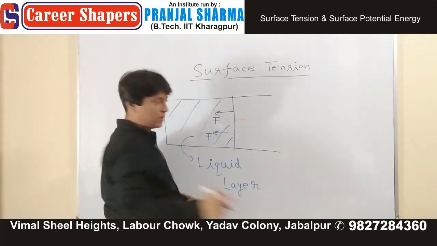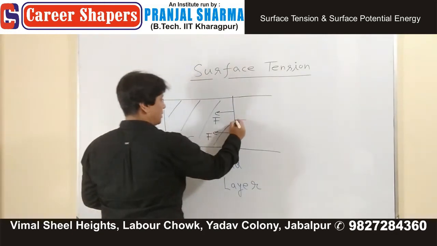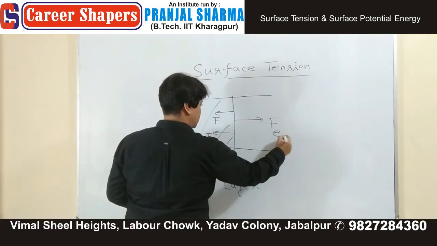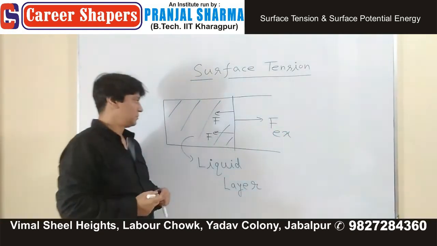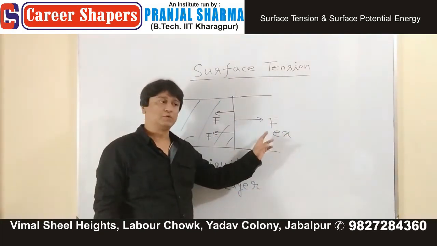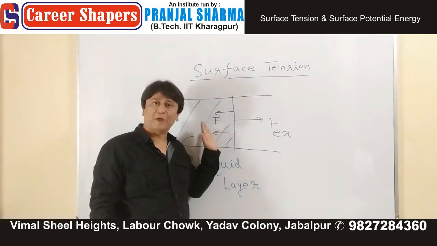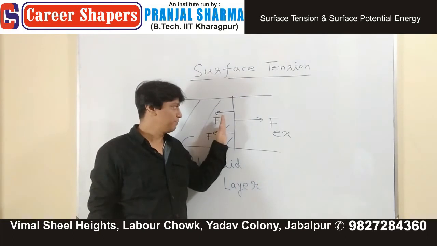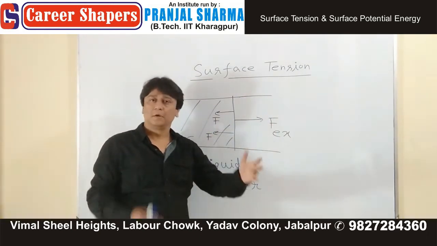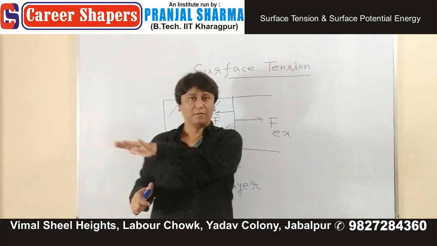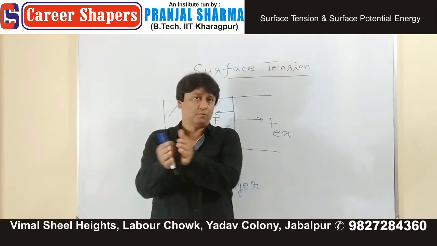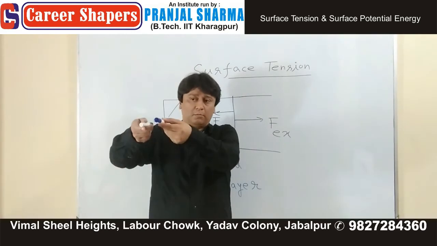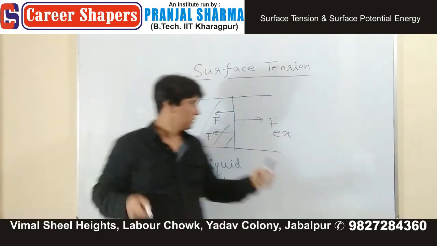Draw a separate figure, but first look here. This time we have an external force, and what this external force does, it is going to stretch this layer. With the help of that external force, you are pulling this rod. Just imagine a rubber sheet which can stretch easily, and then you are trying to pull the free end.